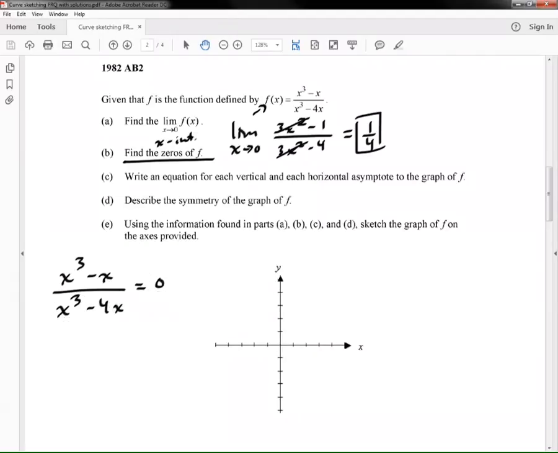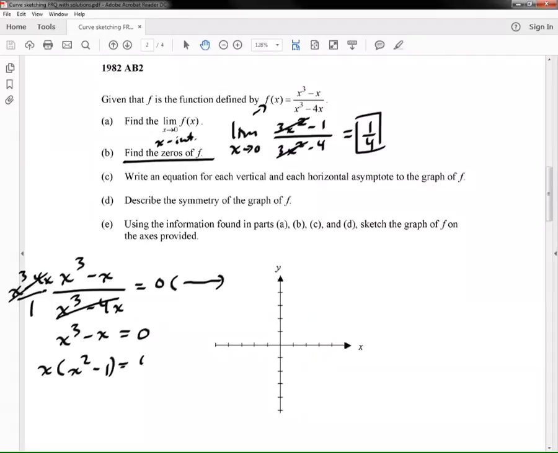Or, a normal way that I think about it is I multiply both sides by the denominator so that it looks like this. And this would cancel out with that. And I multiply 0 by that, and it doesn't matter what I write over there because I just get 0. So now I have x to the third minus x, and so I factor out an x to get x times x squared minus 1.